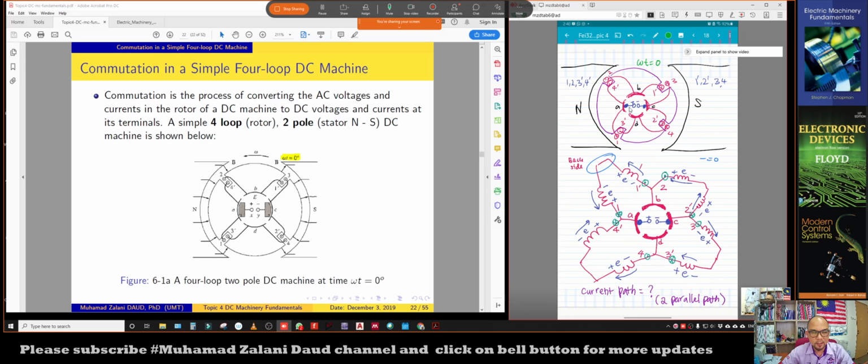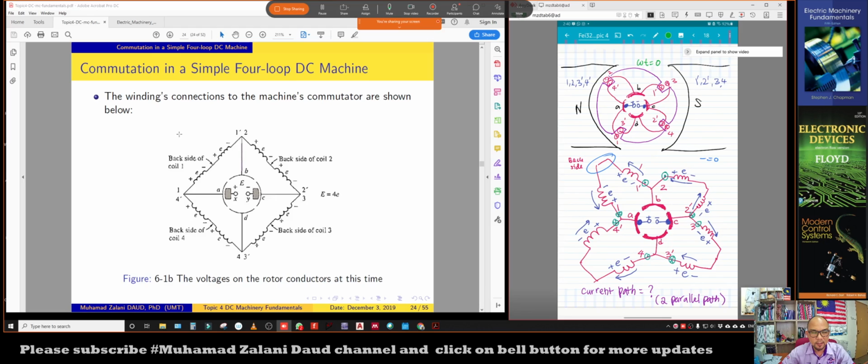I have redrawn this, which I think is simpler for you to understand, instead of referring to the figure drawn in the textbook, as you can see in the lecture slides here. It is drawn like this, but I have transferred it into my lecture notes like this.